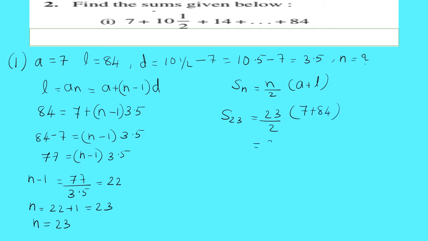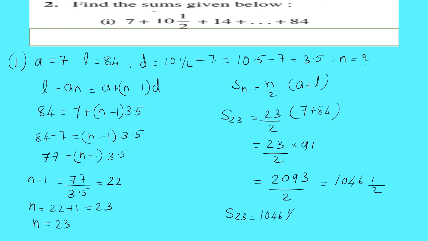That is equal to 23 upon 2, 7 plus 84, that is 91. 91 multiplied by 23 is 2093 upon 2, that is equal to 1046 and 1 upon 2. So you are getting S23 equal to 1046 and 1 upon 2.